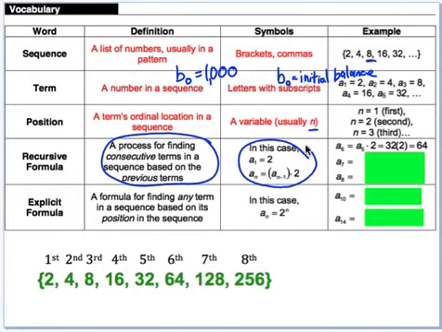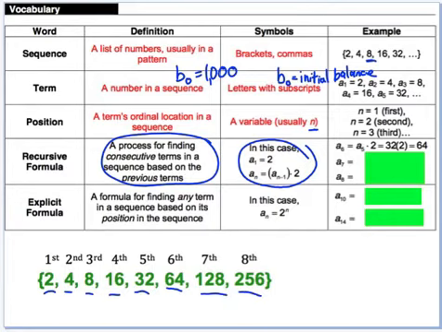We have a sub 1, our first term, equal to 2, and to find the next term, we're going to multiply our previous term by 2. So in our pattern, we get 2, 4, 8, 16, 32, 64, 128, and then 256.